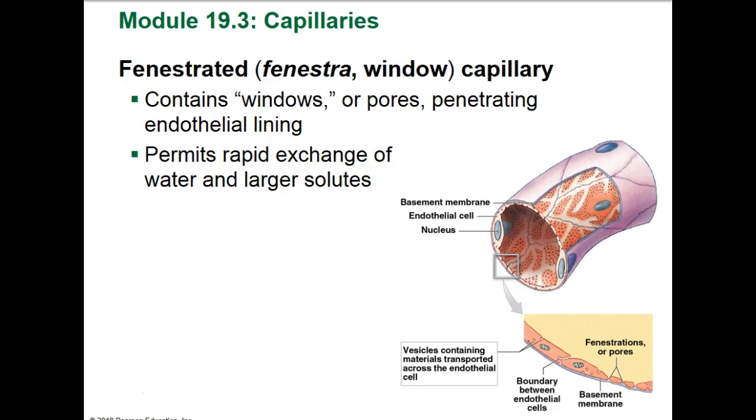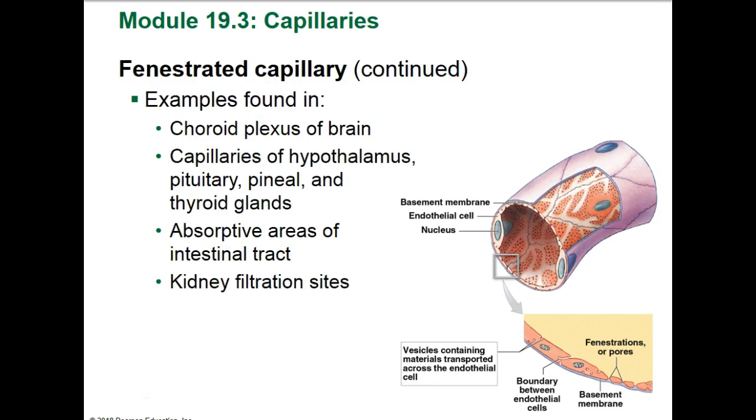Okay, fenestrated capillaries. These contain windows or pores that penetrate the endothelial lining. It permits a rapid exchange of water and larger solutes. We'll find this in the choroid plexus of the brain, hypothalamus, pituitary, pineal, thyroid glands, the absorptive areas of the intestinal tract, kidney filtration sites.